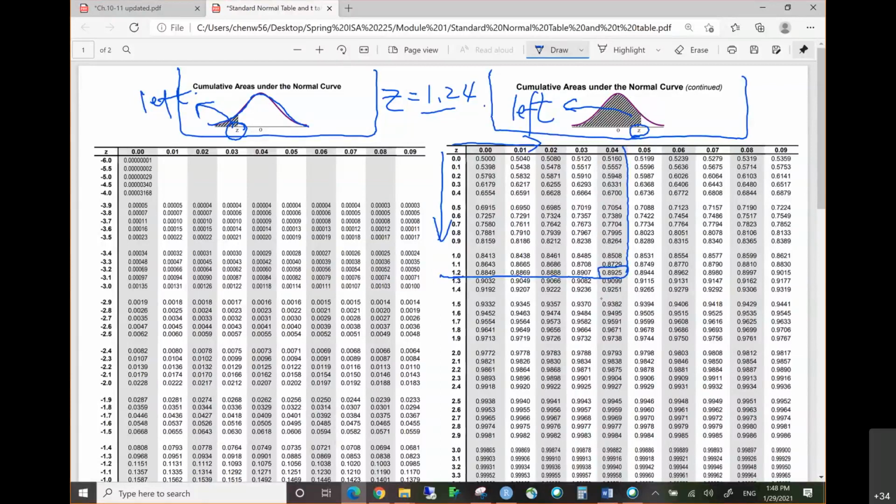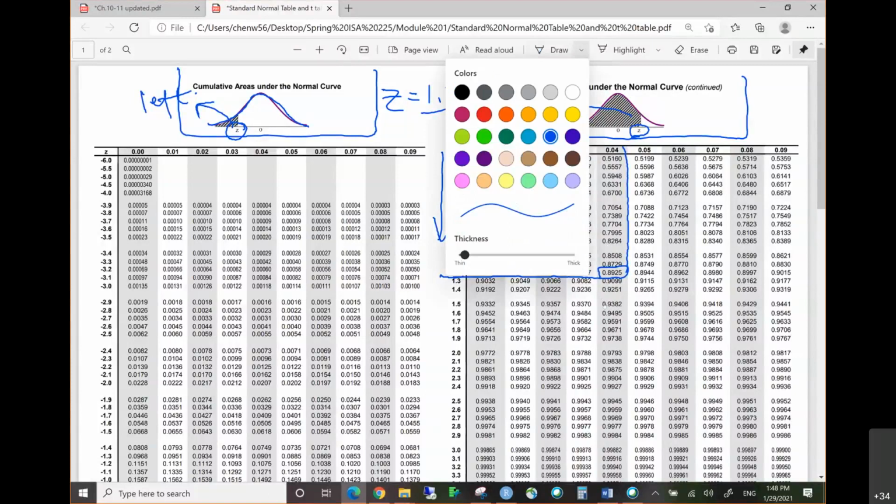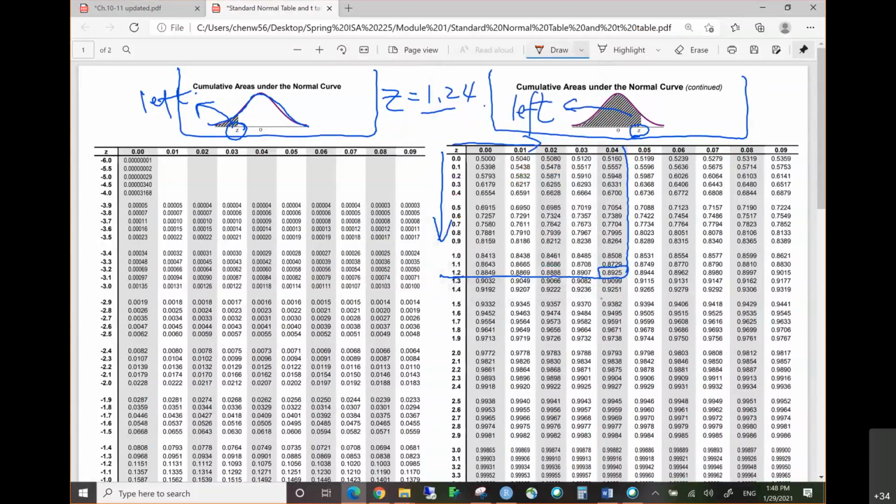Got it? All right, now what if my z-score is negative 3.24? Try by yourself. What is the probability to the left of negative 3.24?